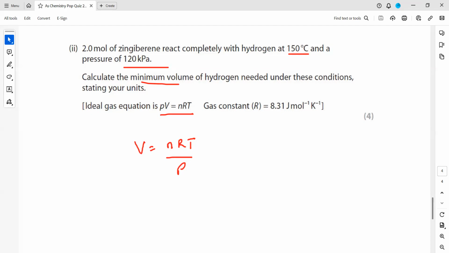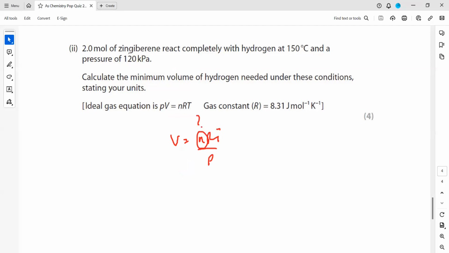But we need the volume of hydrogen, as 2 moles of the compound react completely with hydrogen. We don't have the moles of hydrogen. We have V equals nRT over P, but we don't have this n. How to get this n?